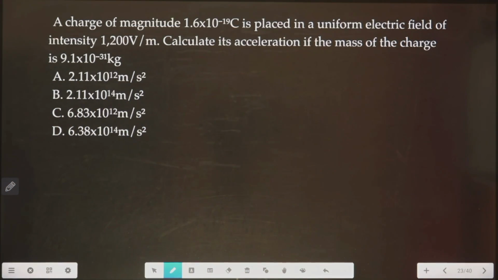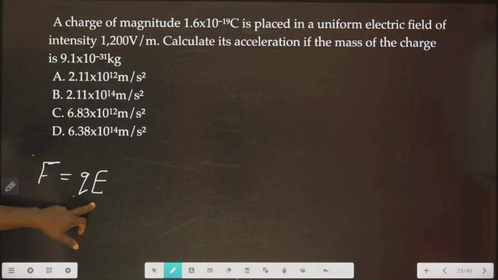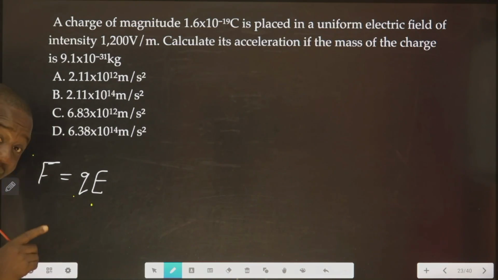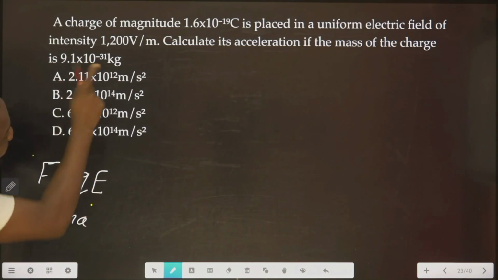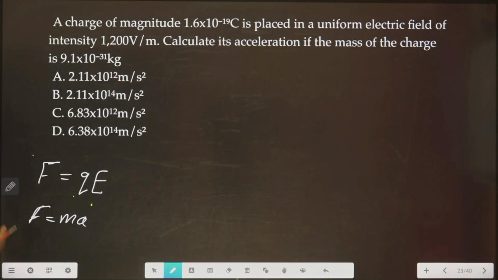We have to use this formula that says F is equal to the charge multiplied by the electric field intensity. You will also agree with me that F is also equal to ma. Why am I bringing this? Because they are talking about acceleration.